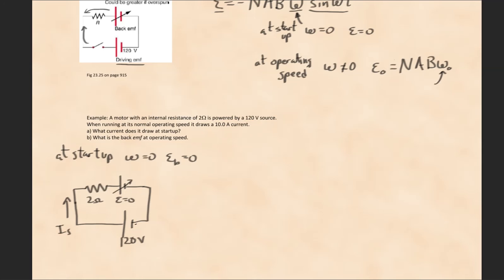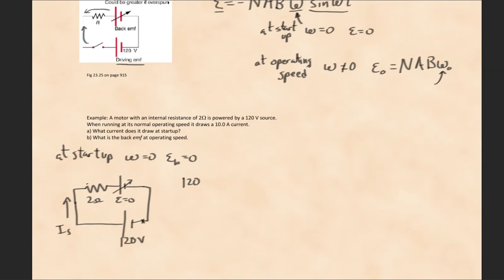Well, this is just simply Ohm's law, or we could treat it as a Kirchhoff's loop rule. Start at one point, walk around the circuit. So if I start at this point, I have 120 volts positive, because I'm going from negative to positive.